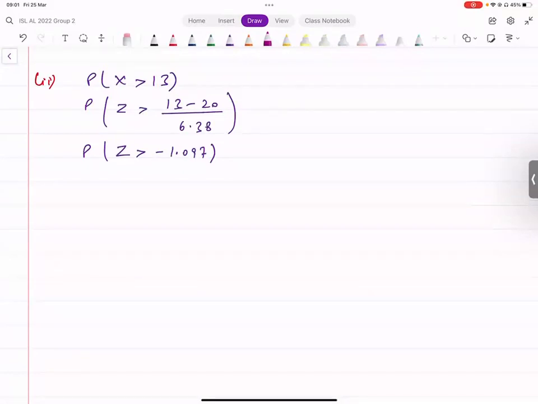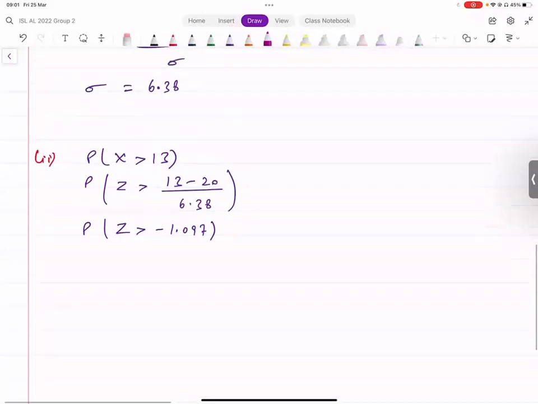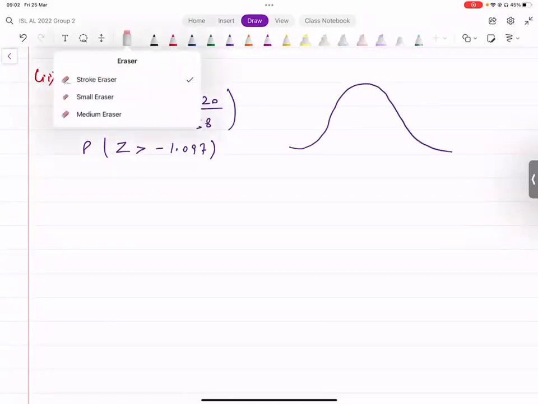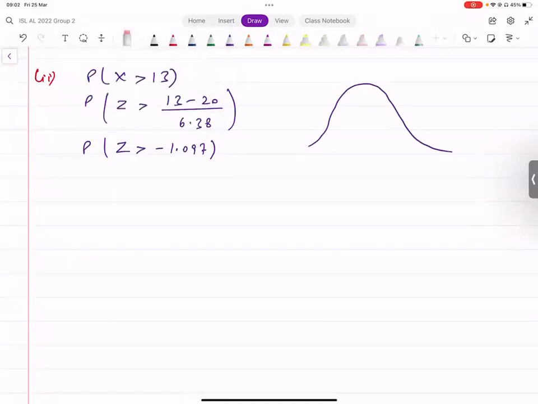We think of the normal distribution curve. Standard normal curve आपके पास किस तरह की होगी? It's going to look like this. Let's say it looks like this. And we've got a negative value of z.